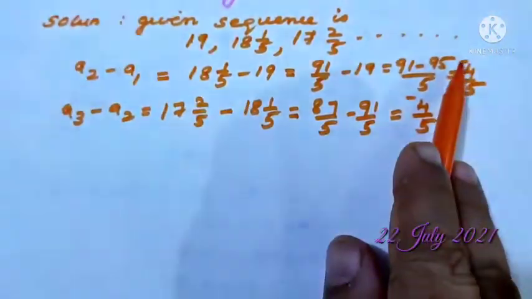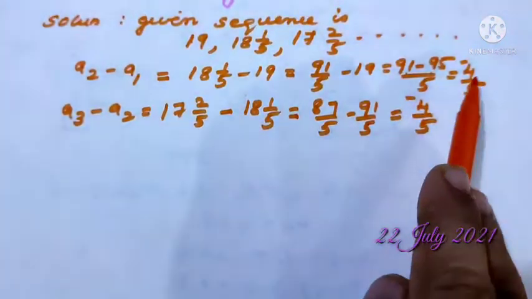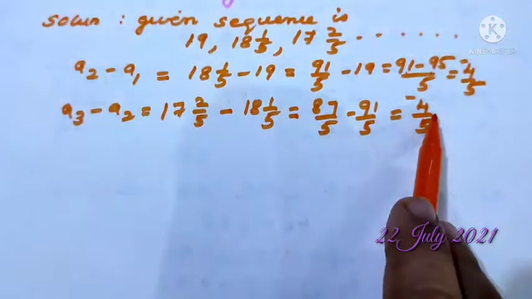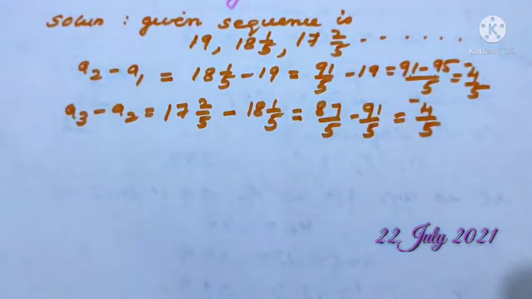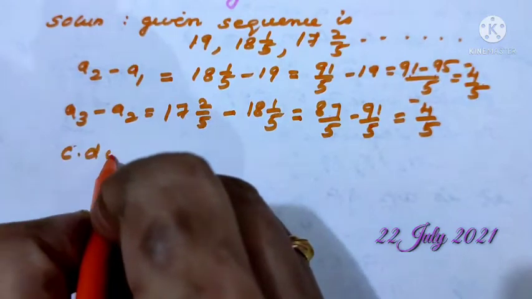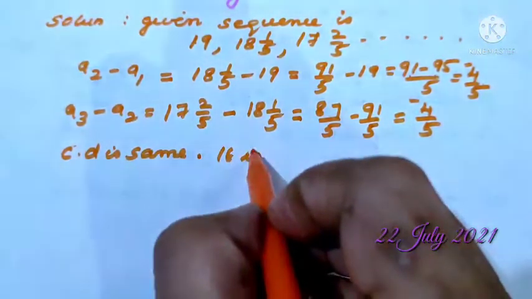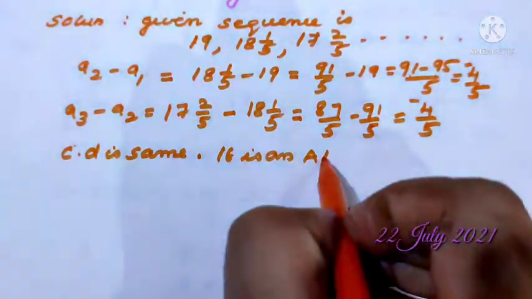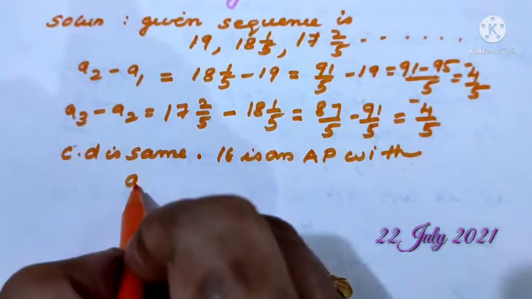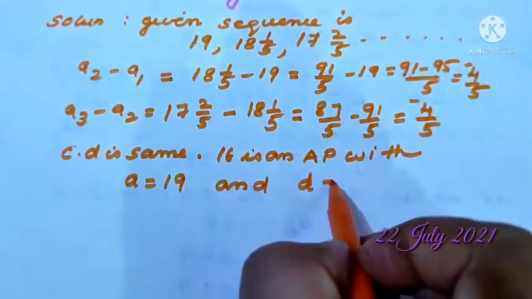Here also I had not put the minus sign: 91 minus 95 is minus 4 by 5, and 87 minus 91 by 5 is minus 4 by 5. So the common difference is the same, so it is an AP with A equal to 19 and D equal to minus 4 by 5.